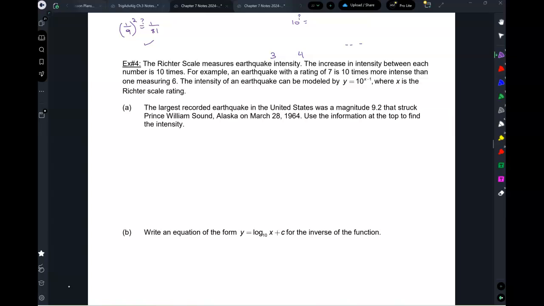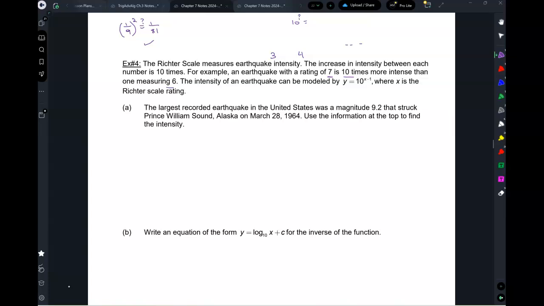But really, the intensity between a magnitude 3 and a magnitude 4 is 10 times. So a magnitude 4 earthquake is 10 times more intense than a magnitude 3 earthquake. All right. So an earthquake with a magnitude of 7 is 10 times more intense than one measuring 6.